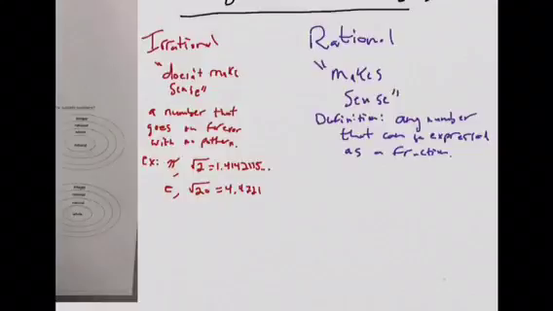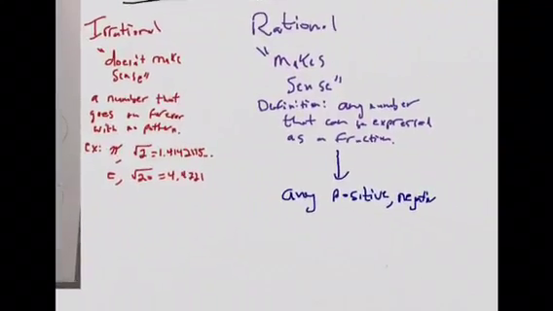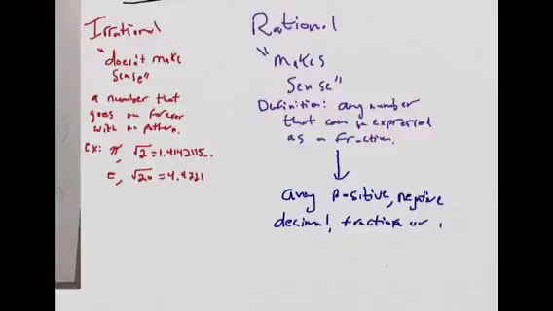So what this really means is any positive, negative, decimal, fraction, or integer, a number without any decimals or fractions.